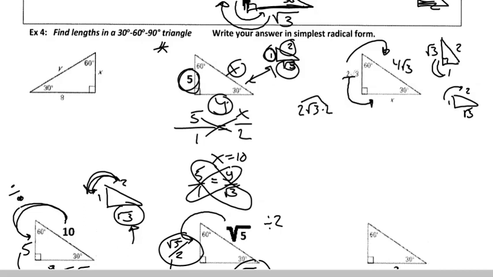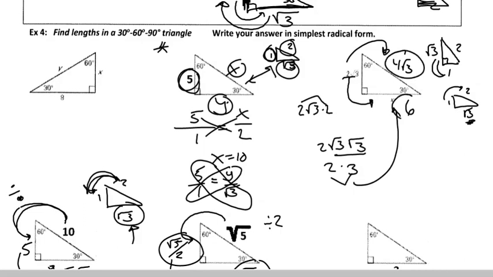Going from here to here is also getting bigger, so it's multiplying. 2 rad 3, but we're going to multiply by rad 3. Any radical times itself gives you the number under the radical. It's a 6. So we found out what the exact value of those sides are by just knowing one side and knowing that it's a 30, 60, 90.